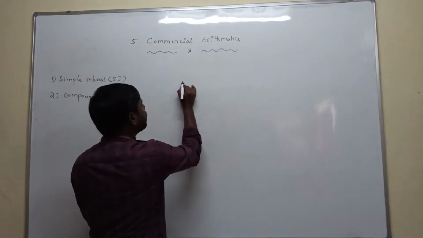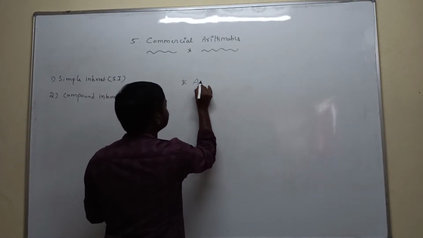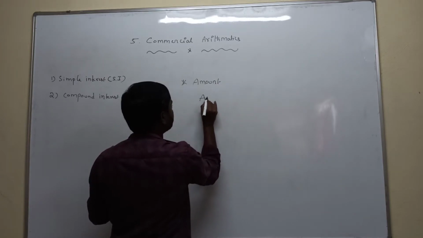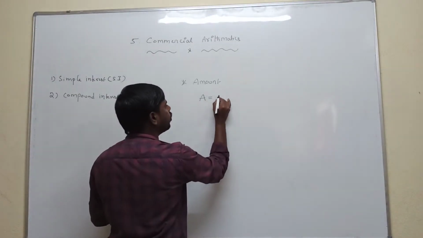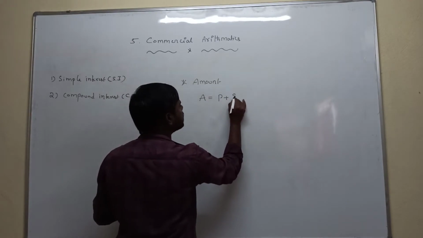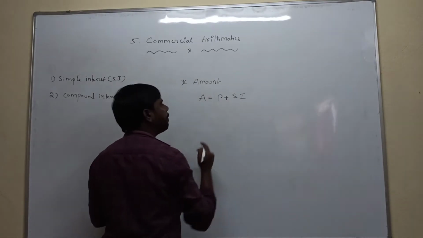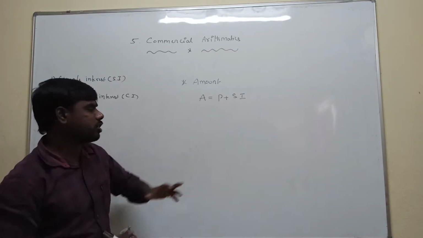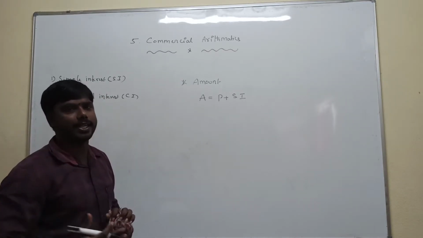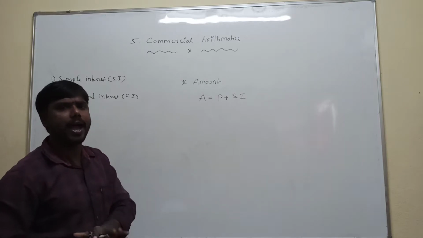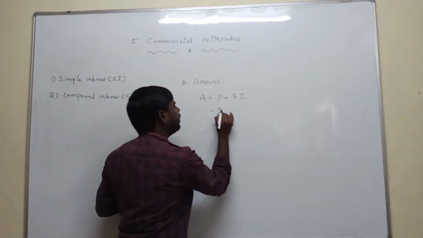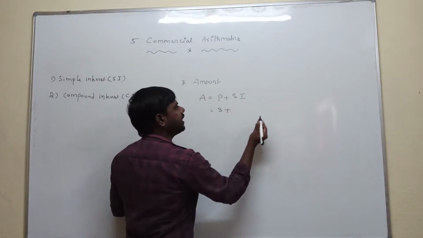Next we are discussing amount. Amount is denoted by capital A, which is equal to P plus simple interest. P is the principal amount. Suppose I am taking 3 lakhs from the bank. Total amount is 3 lakhs plus simple interest.